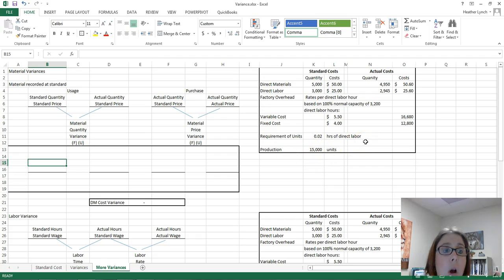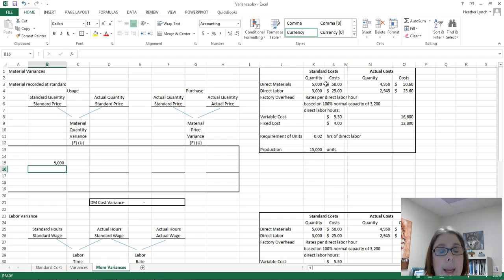Okay, so on this one, standard quantity, they've given this to us. So if we don't have to figure that out, and they provided it for us, we can. On the previous example, notice that they told us how much we produce, and it takes 20 minutes, so we had to go through that.